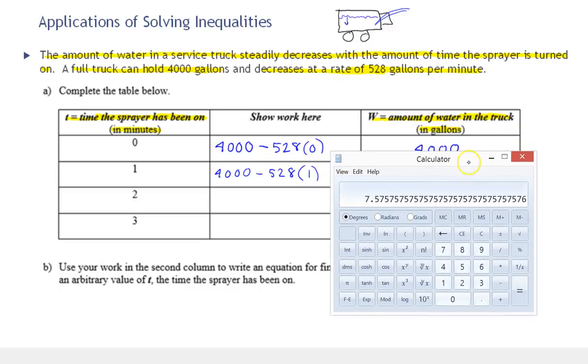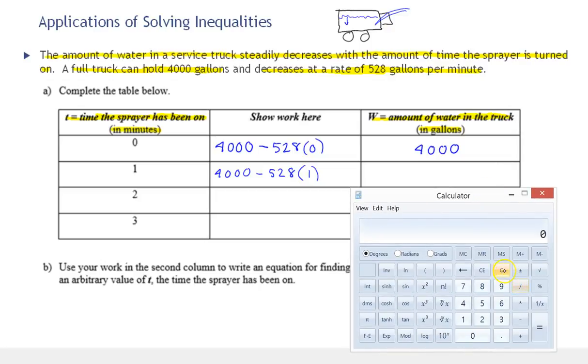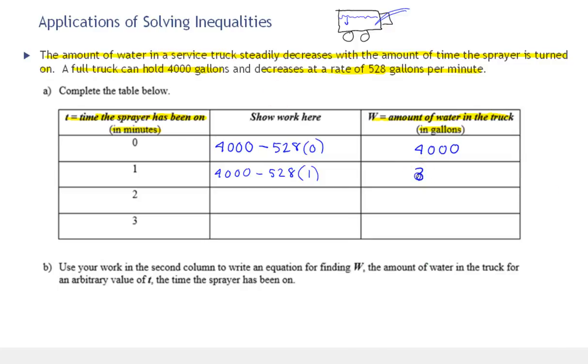So now let's compute this value. 4,000 minus 528, and I'm going to multiply that by 1, even though that's just 528, just to show the structure, is 3,472 gallons. When the sprayer has been on 2 minutes, we start with 4,000 gallons. We want to subtract off 528 gallons per minute for 2 minutes, so 2 copies of 528 gallons.